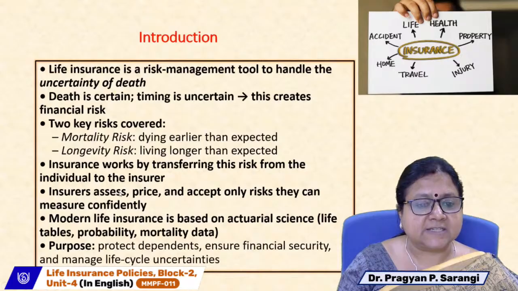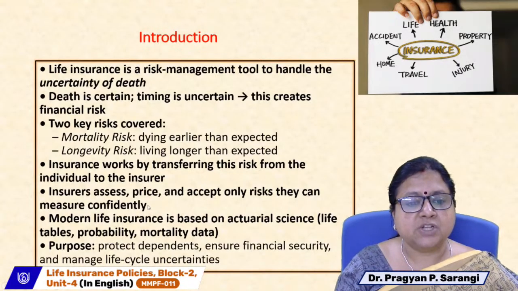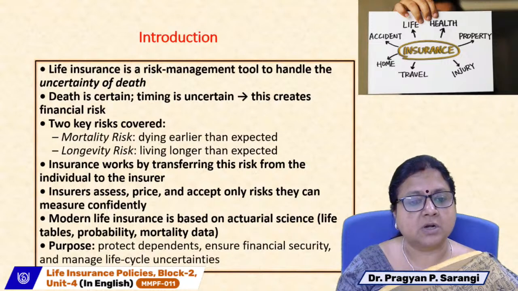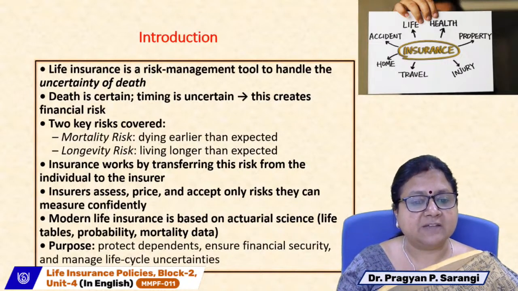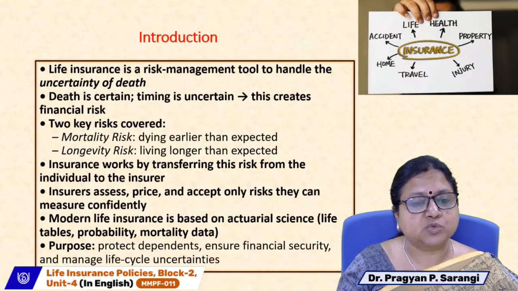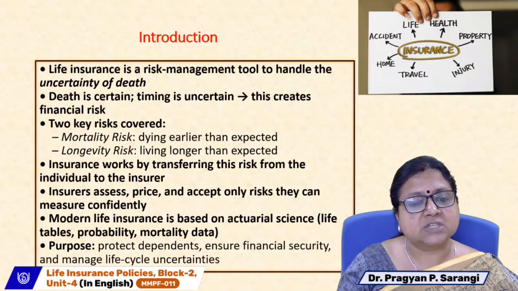Now insurers assess, price and accept only risks they can measure confidently. As we have already discussed, whenever a proposer or an individual submits a life insurance proposal, it is up to the insurance company to evaluate it and then set the premium, the price which the individual who is taking the insurance has to pay.